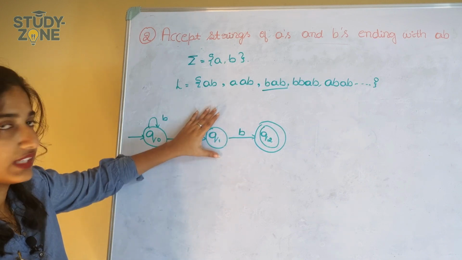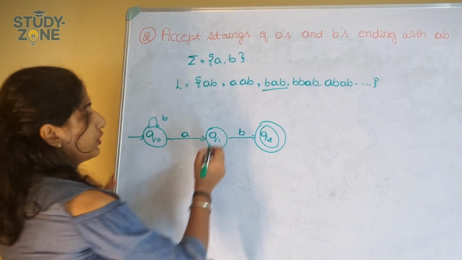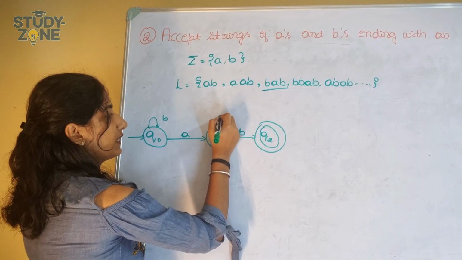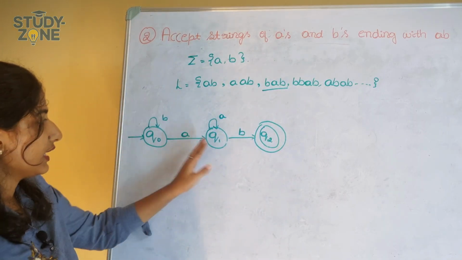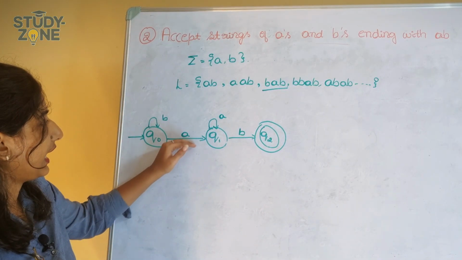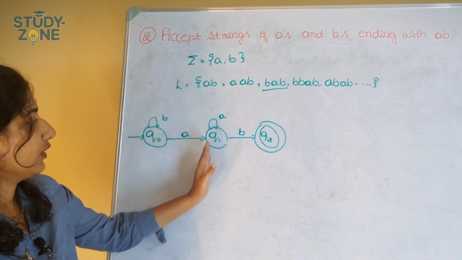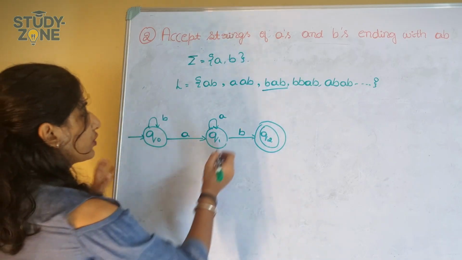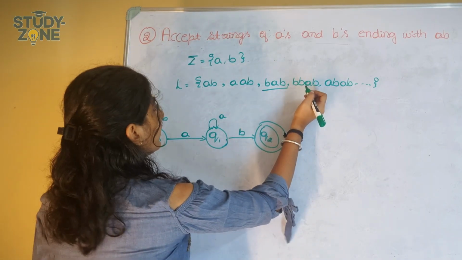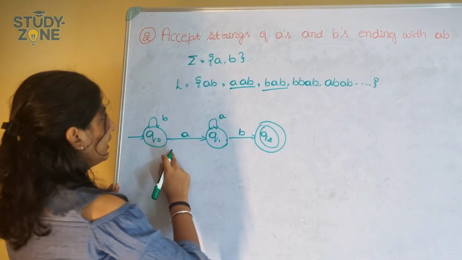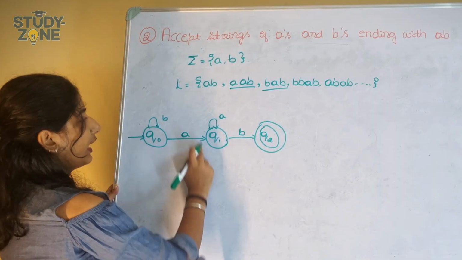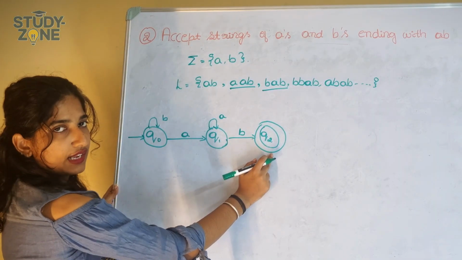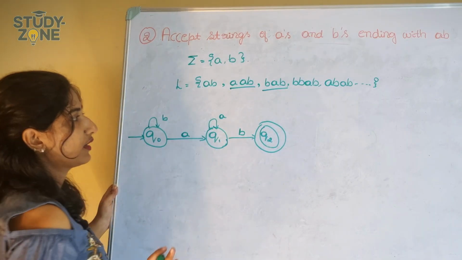And what if it gets A here? If it gets A here, it should stay in this state only. Why? Because let's take it as BAAB. If it gets AB at the end, it should go to the final state. Yeah, take this example, AB, right? So this is perfect.